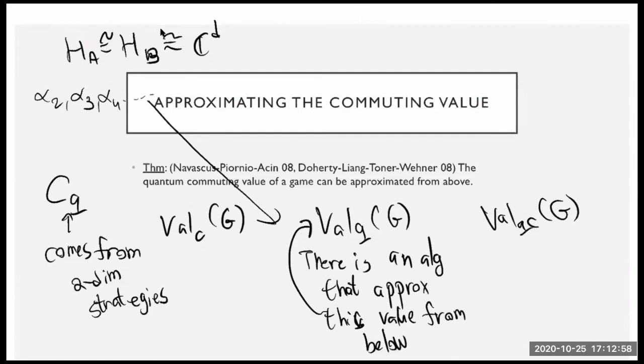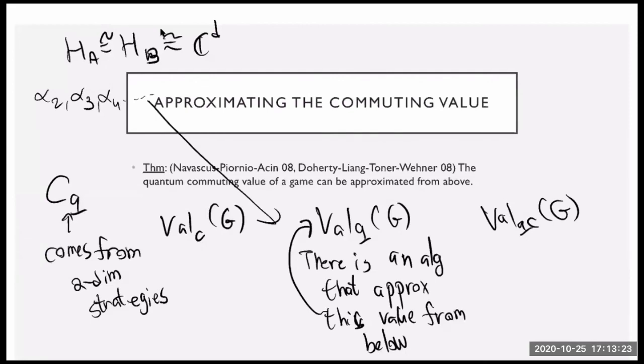For any epsilon, you can find a finite set of correlations that is epsilon dense in those correlations in C_q that come from the two-dimensional situation.